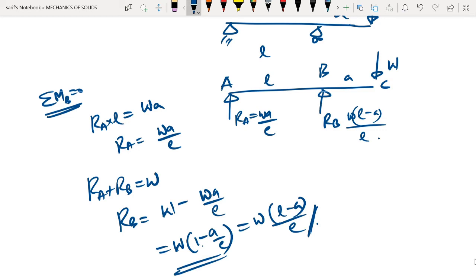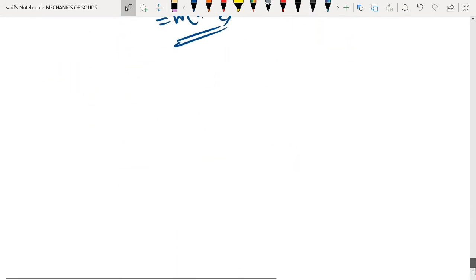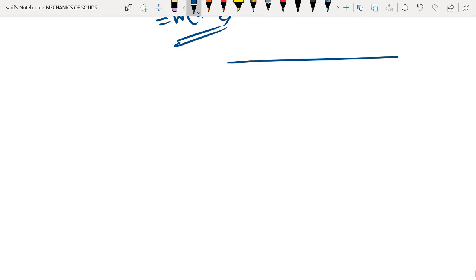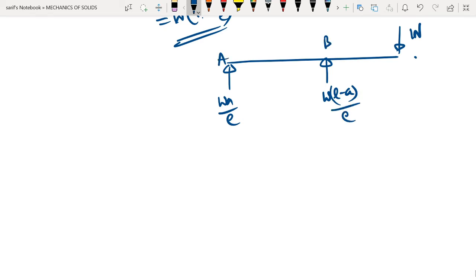One is the region AB and another is the region BC. So let us consider the different regions of the beam. This is A, this is B, and this is C.